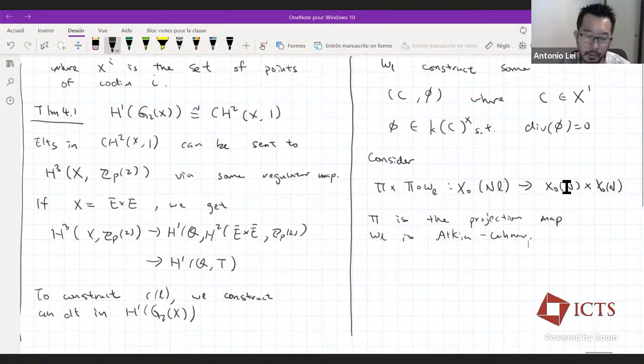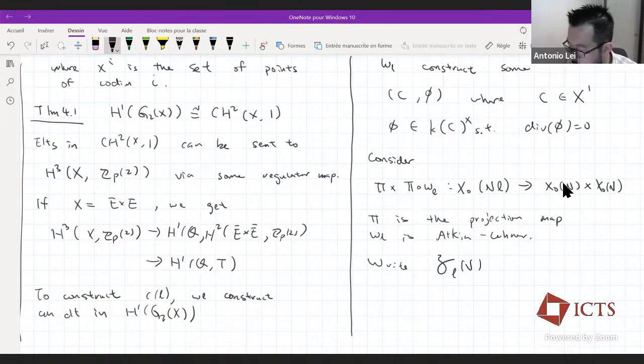The image will still be dimension 1, so you do get a codimension 1 subvariety here. You write Z_{L,N} for the image.